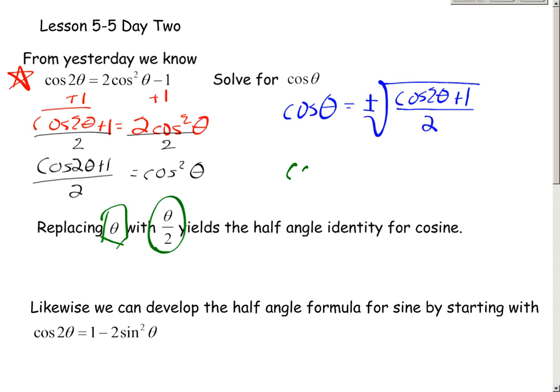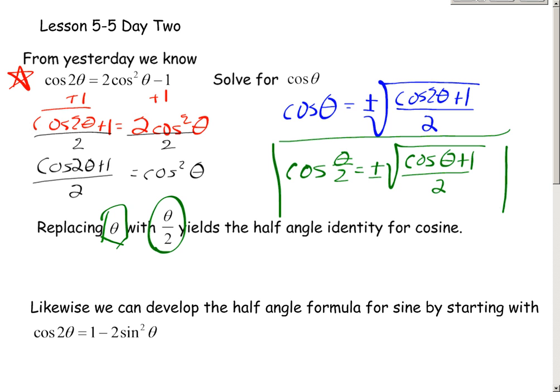So that makes it the cosine of theta over 2 is plus or minus the square root of the cosine of theta plus 1 over 2. So this is the half angle identity for cosine.